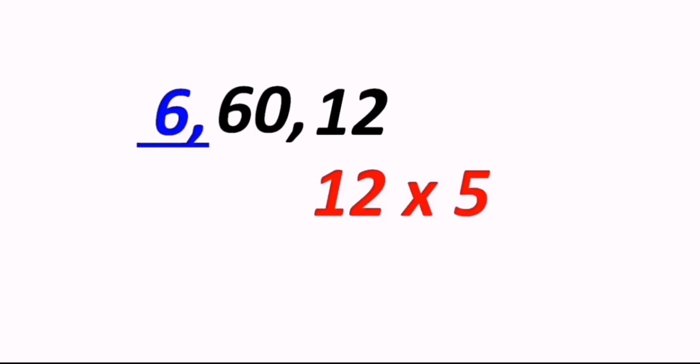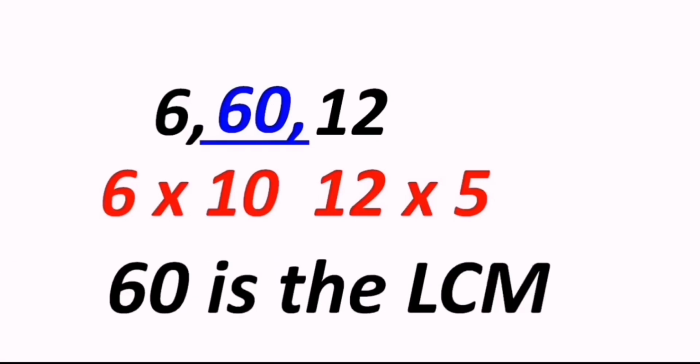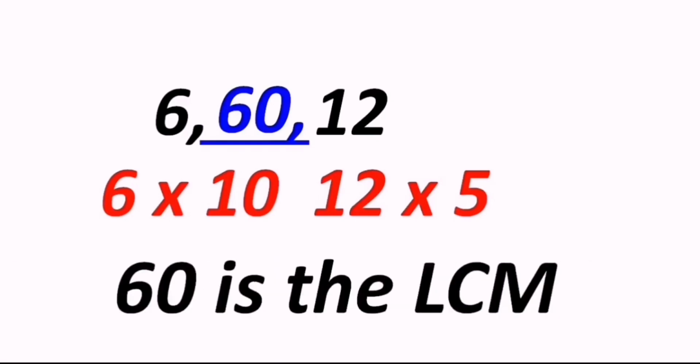So 12 we already know it is present, and for the 6 also, 6 10s are 60, and that makes 60 the LCM for all three of them. Okay, I hope I made it very clear to you all. The basic concept is what we require: the table, the smallest number's table. If that biggest number is present in the smallest number's table, if there are two numbers, then the biggest number becomes the LCM and the smallest number becomes the GCD or the HCF.